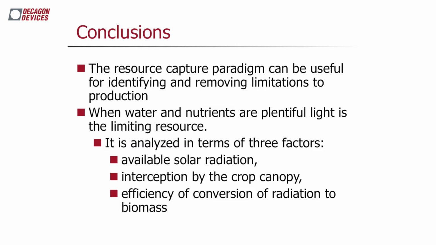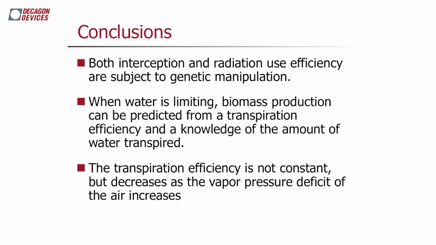And then the efficiency of converting that radiation to actual biomass, which is that radiation use efficiency value that we have to go and measure. The things that we can actually work on, if we were going to try to improve plants through improving the genetics, would be either their fractional interception or the radiation use efficiency.